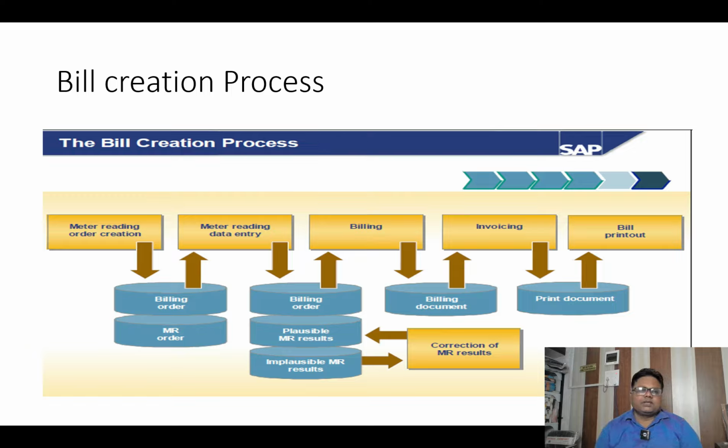Once we upload the meter readings, validations start. The system checks the validations as per our configuration and requirements, and once the meter reading passes the validation rules, it becomes plausible.